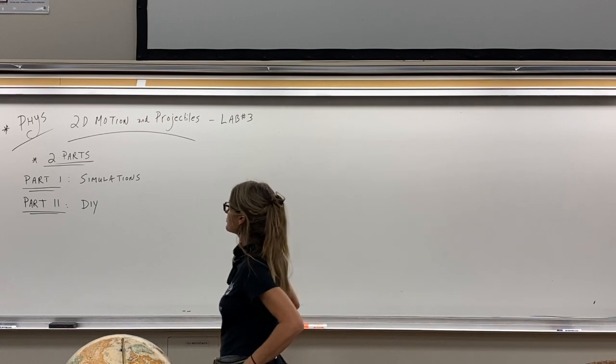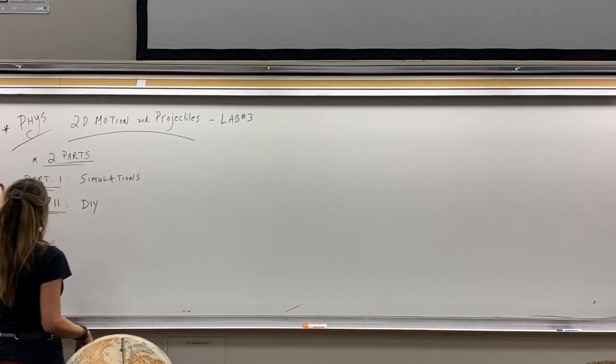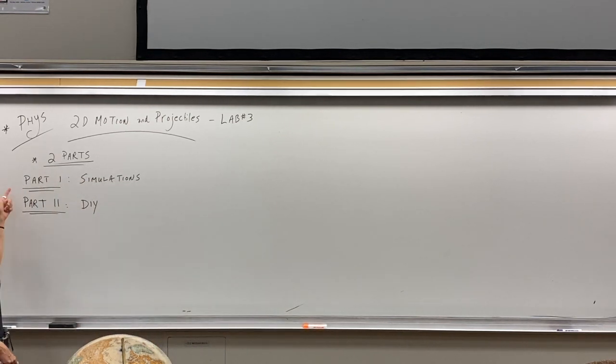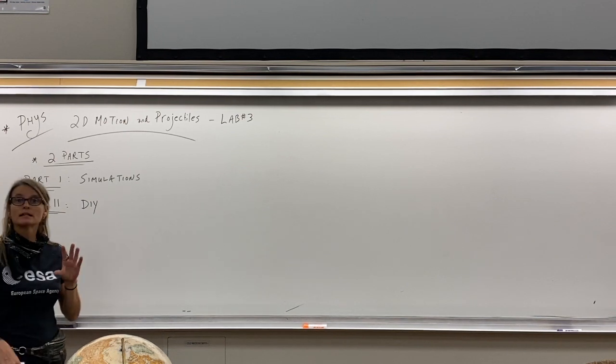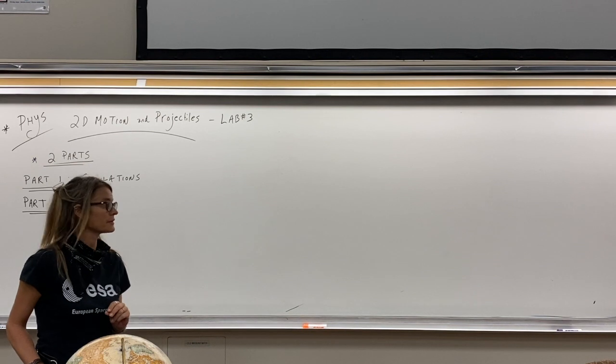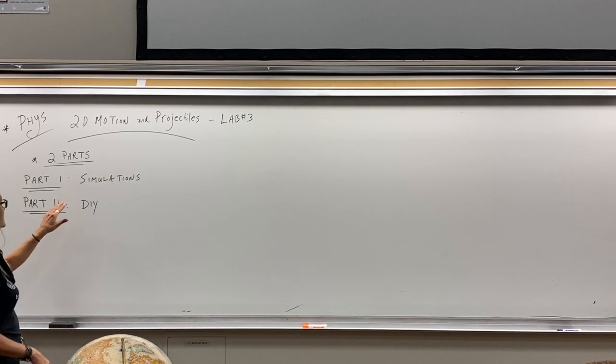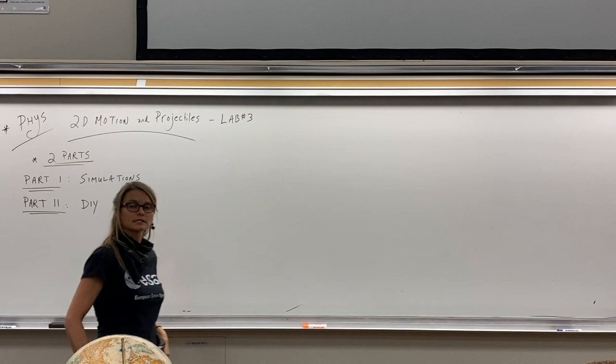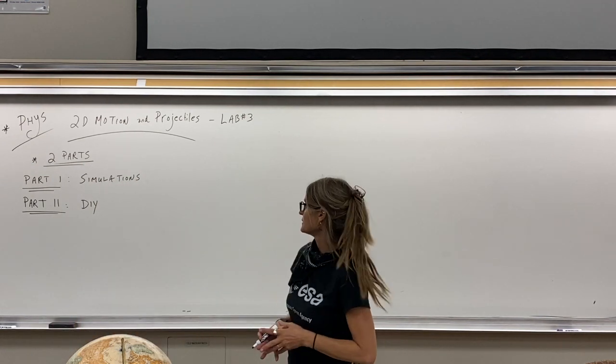In our lab, we're going to have two parts, which I'll run through. The first part is some standard two-dimensional projectile motion simulations that are online to grab our data from and to figure out some unknowns based on the knowns in the simulations. And the second part is some do-it-yourself activities.